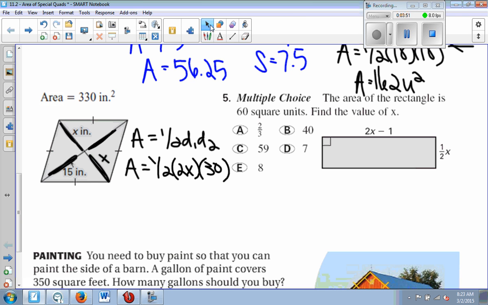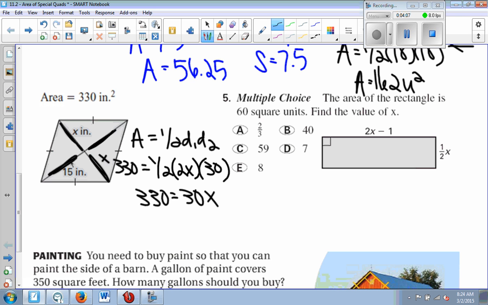And instead of putting the A in here, I'm going to substitute in the area that I know. That area is 330. So multiplying all of this across, we're going to get 330 equals 30x. That's 1/2 times 2x times 30. And if I divide by 30, we end up with an x value of 11.